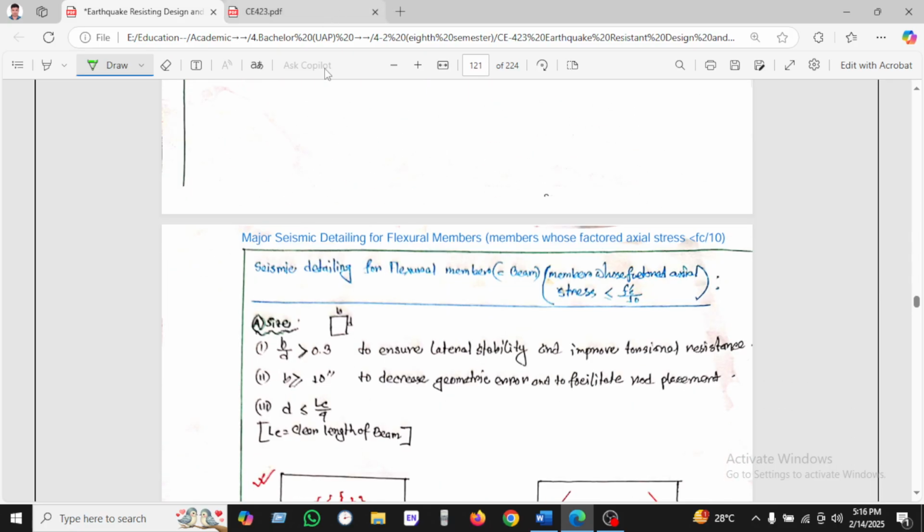Okay, so you can see here the seismic detailing of the flexural member, whose factored axial load is less than f'c Ag divided by 10.